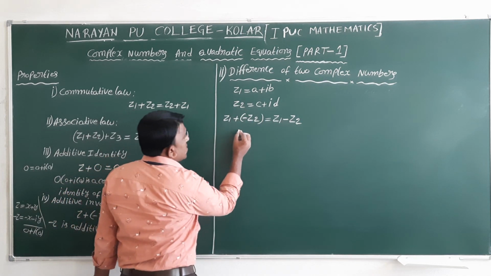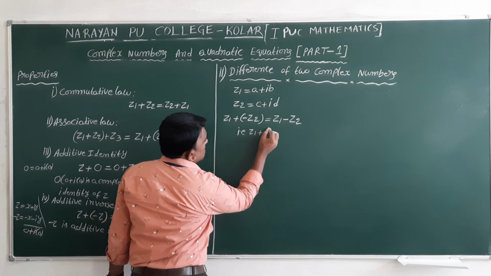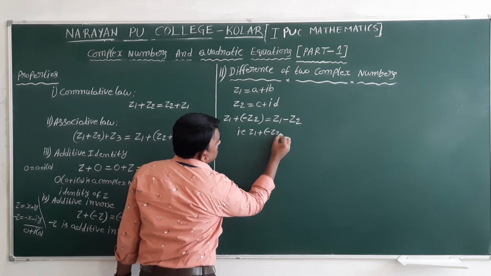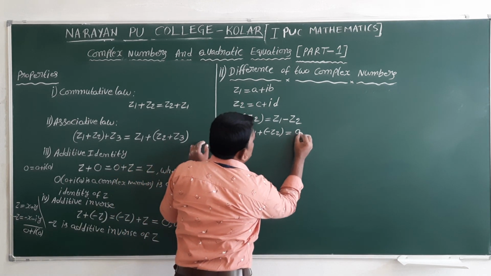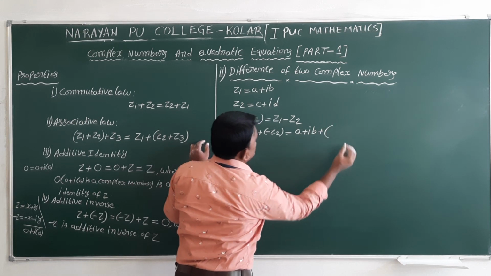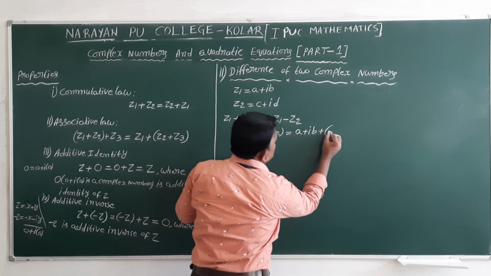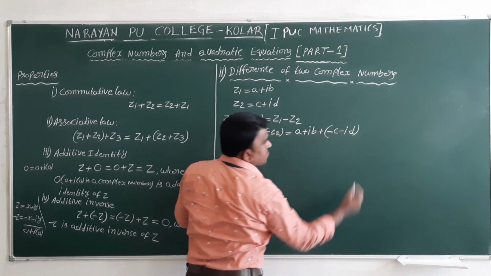Then how to simplify that? z1 plus minus of z2 is equal to, the first complex number is a plus ib, plus minus of z2, which is minus c minus i into d.